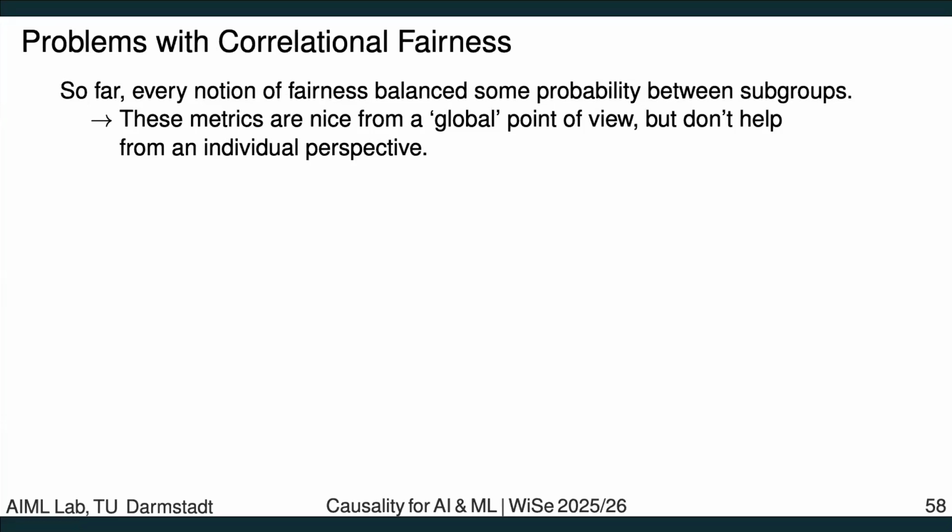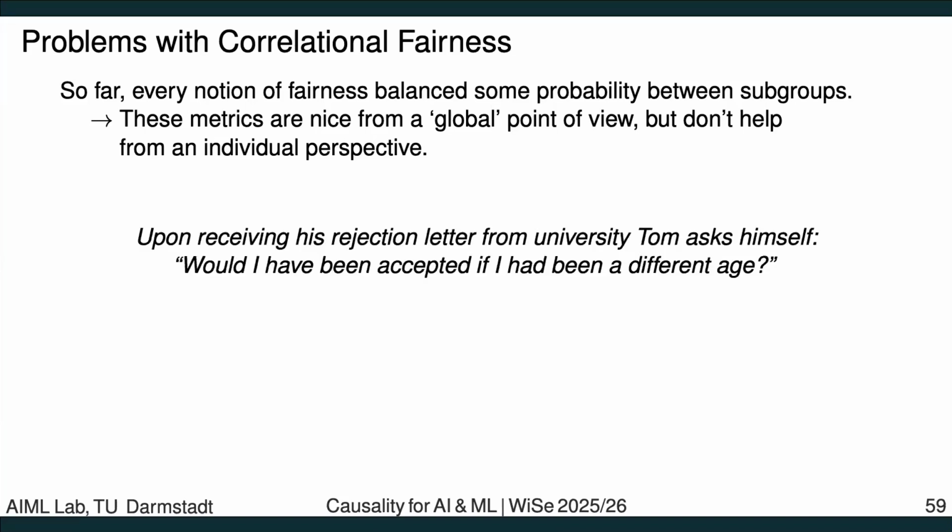So it's cool for the university or your employer that now all these odds are equalized, that these groups have the same probability. But if you get your rejection letter from the university, you might ask, okay, was I personally somehow discriminated against? Would I have been accepted if I had been a different age, came from a different part of the country, whatever, right?